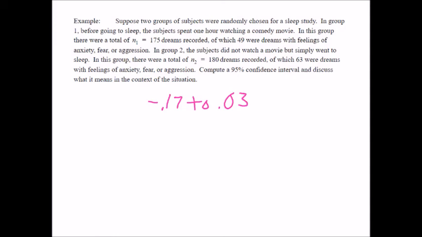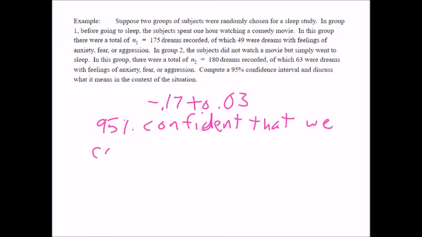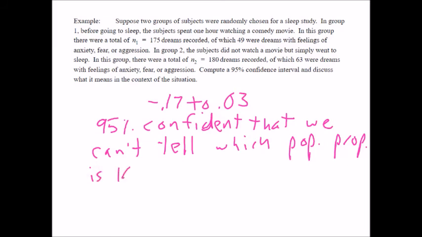And what does this tell us now? Because we're using z's, that would be the difference between z-scores. What we can say is that we're 95% confident that we can't tell which population proportion is larger.